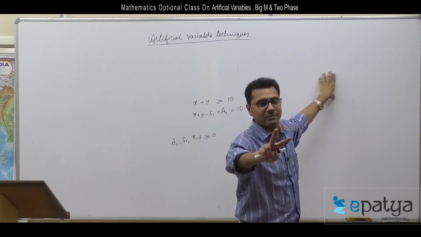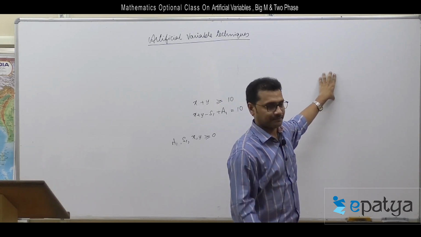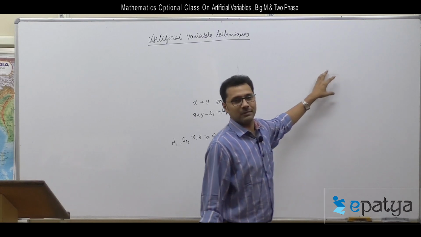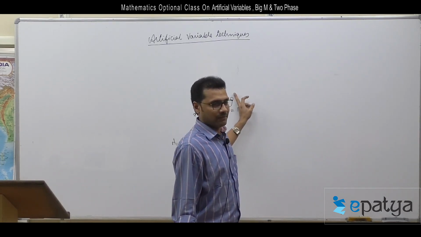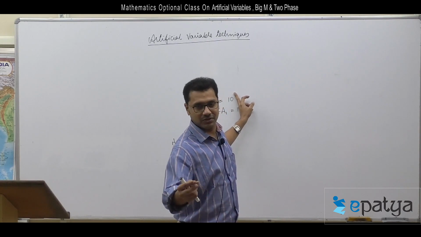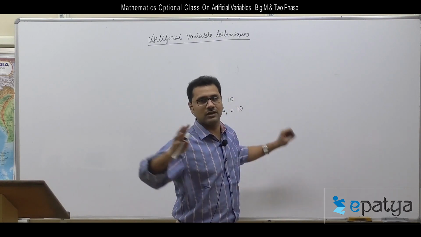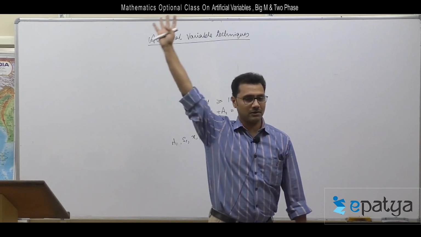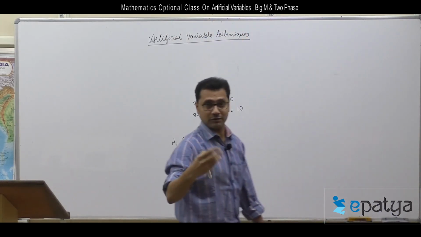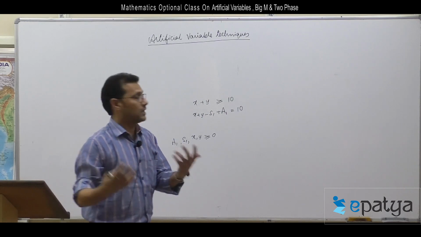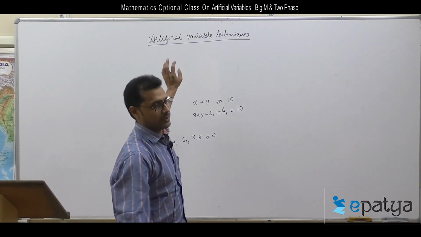Suppose there are two variables for which you got the least ratio. One of the variables is an artificial variable, the other variable is your regular variable. Then you got a chance. Which one has to leave the basis? Let the artificial variable go out of the basis. Are you getting? So you can use your common sense to throw it out of the basis.